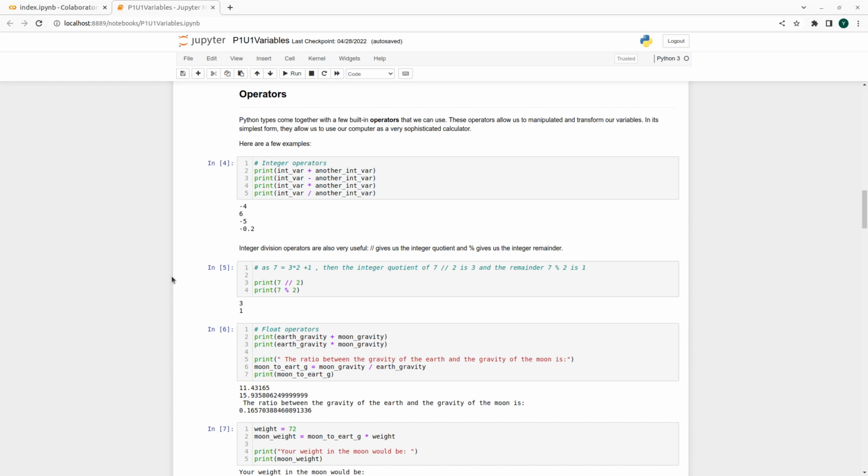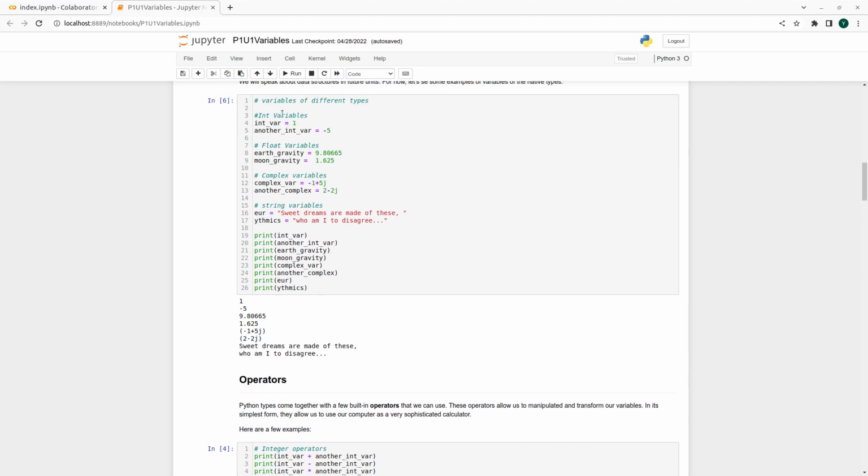There are quite a few operators that come built in with Python that we can use to manipulate and transform our variables. Simpler ones are the arithmetic ones, which help me transform my Python code into a calculator.